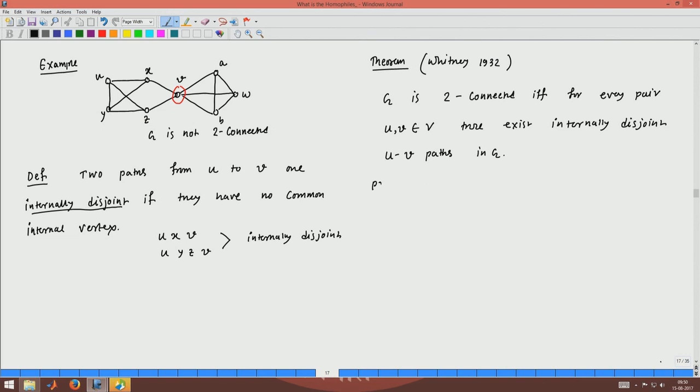First, this part: if for every pair of vertices there exist internally disjoint paths, then the graph is two connected.